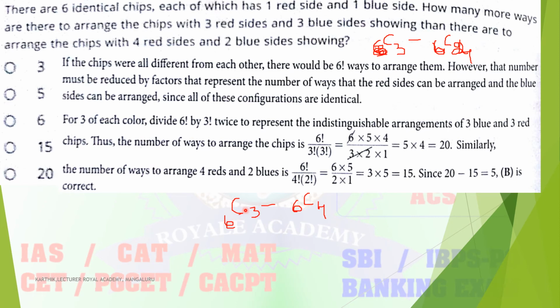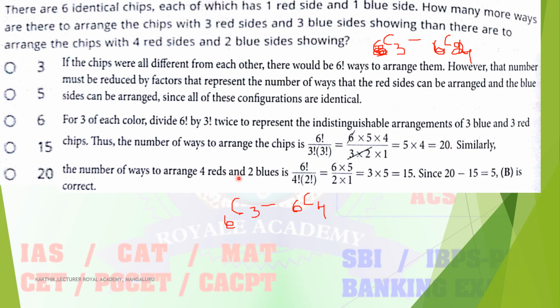The combination formula is n factorial divided by k factorial times (n minus k) factorial. While simplifying this, you will get the answer 20.